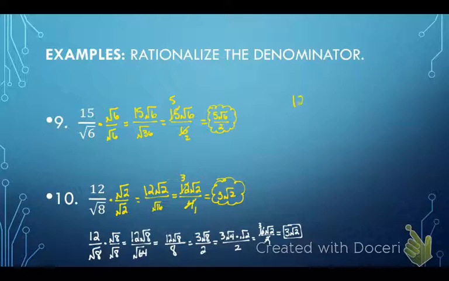So 12 over the square root of 8 would be to simplify the bottom side first and have 12 over square root of 4 square root of 2, and then go 12 over 2 square root of 2.